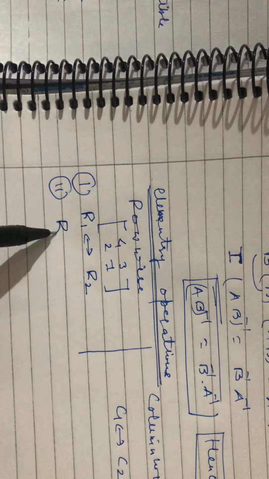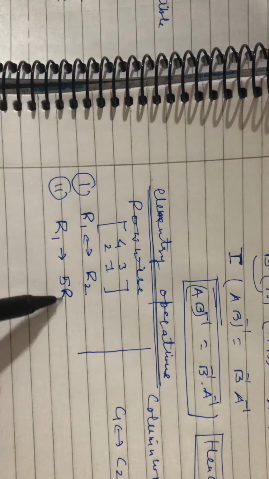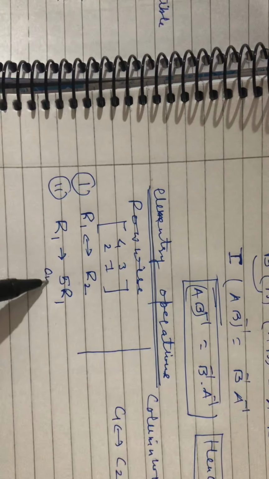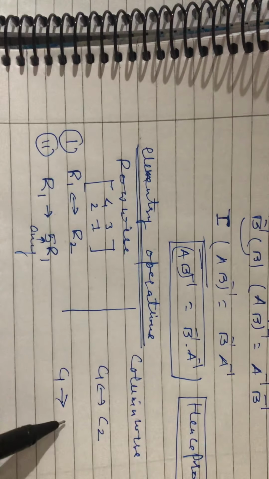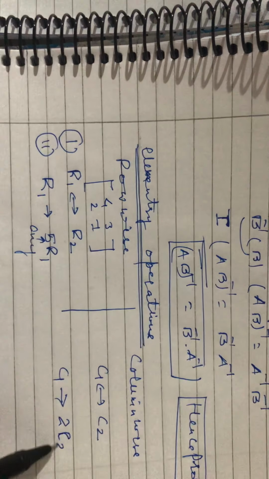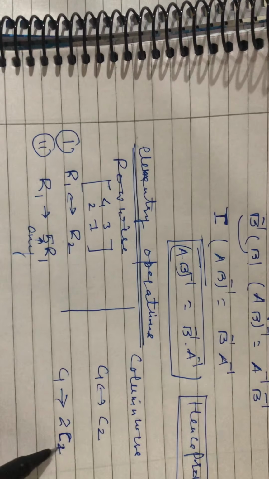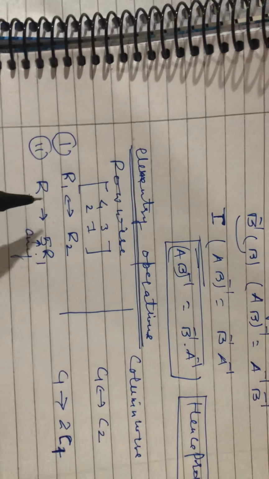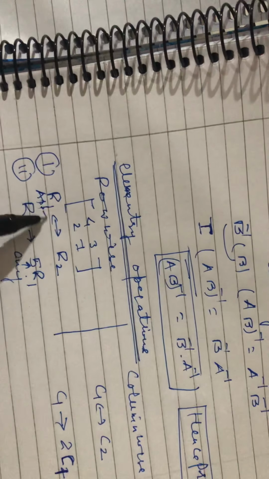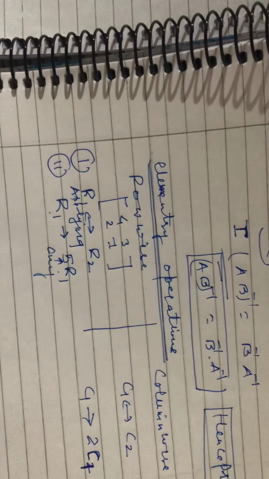Or we can multiply with any constant. Suppose we take 5. Any constant. Similarly with a column, we can multiply C1, or we can multiply R1 with 5. Before applying the operation, we write the arrow sign. This is rule number 2.